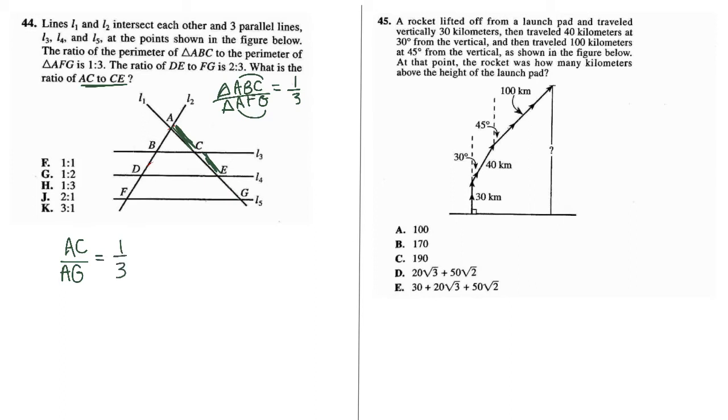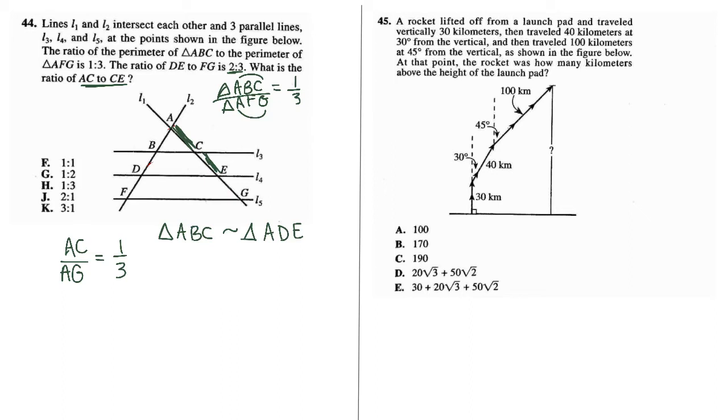And something else, since we do have triangle ABC is similar to the triangle ADE. With those triangles being similar, we see that DE is to FG a 2 to 3 ratio. Now, let's think about this.